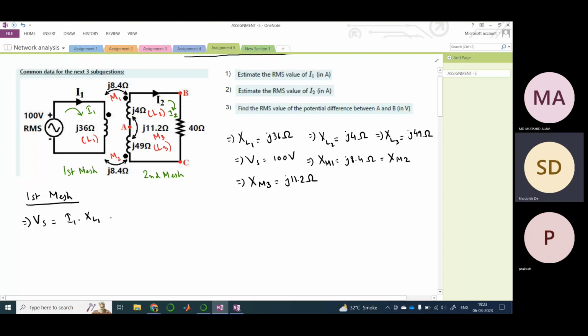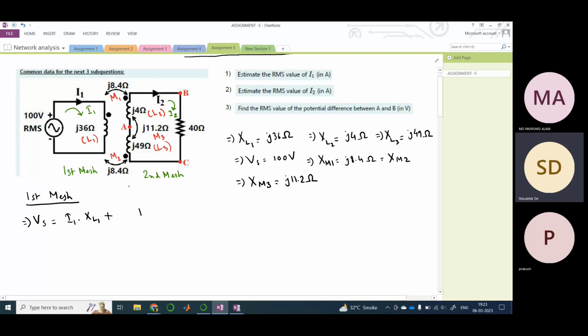Therefore we will write M2. Why plus here? Because I1 is also entering through the upper part, the positive part of L1, right? So that is why this plus is there, with I2 and XM2.